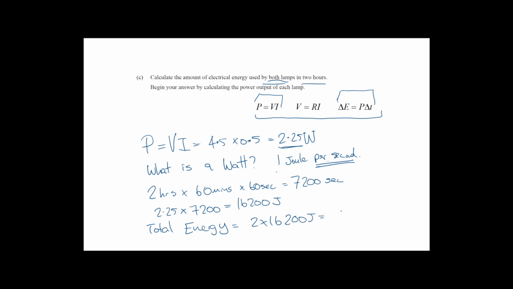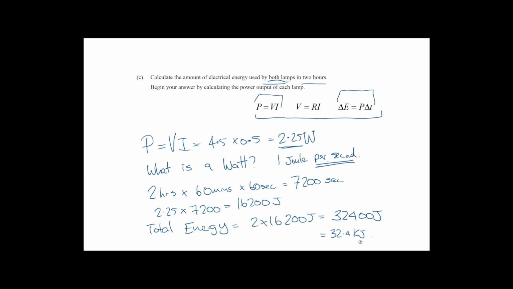Right, which is going to be 32,400 joules, which is, what's that, 32.4 kilojoules. That's our final answer for that. Nice question, yeah, to combine everything together to get an answer.